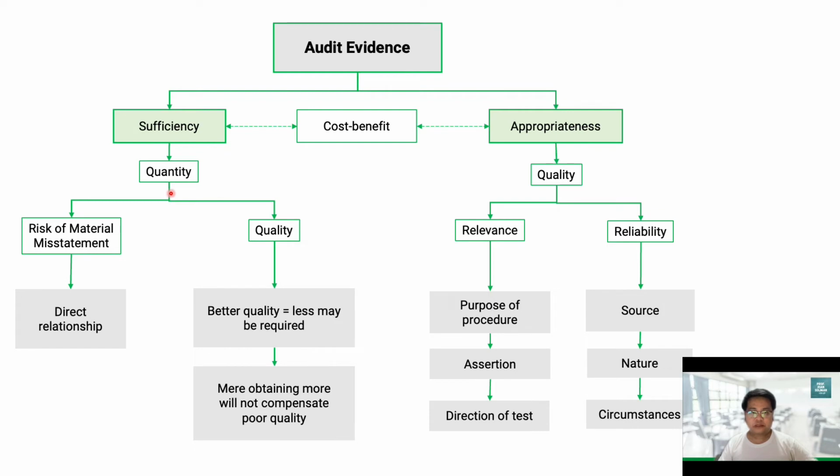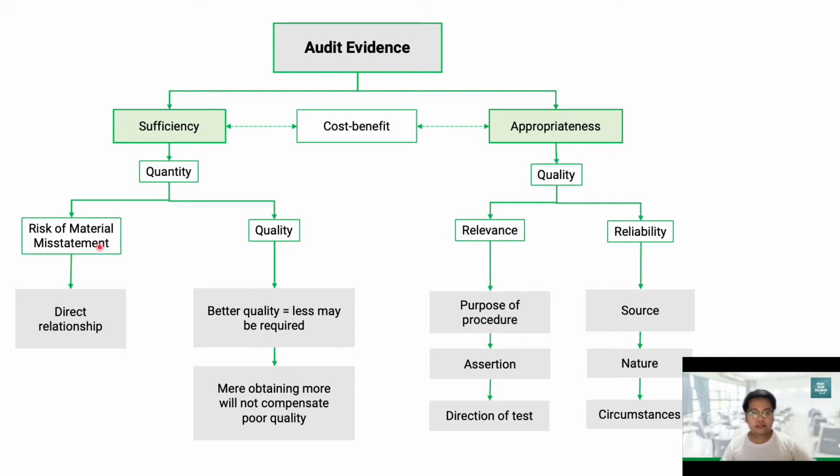Now, the quantity of audit evidence is affected by both the risk of material misstatement and the quality of the audit evidence. So somehow, sufficiency is interrelated with the appropriateness of audit evidence. Again, what affects the quantity of evidence?